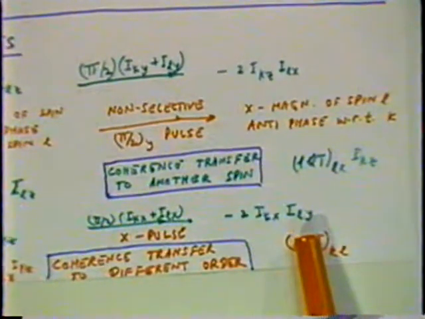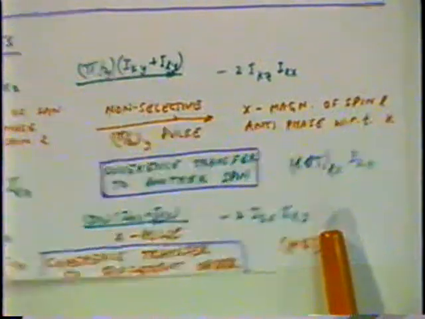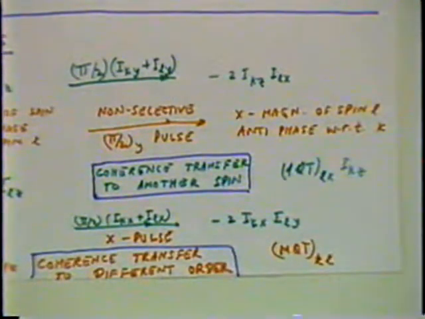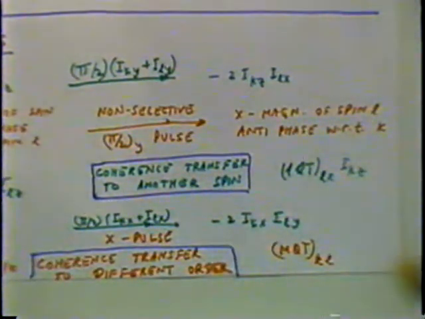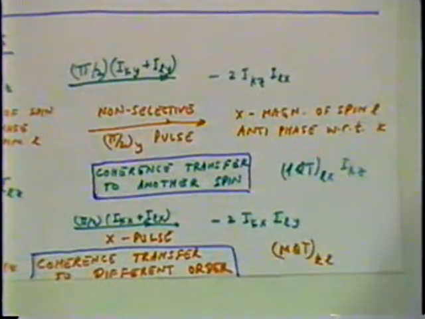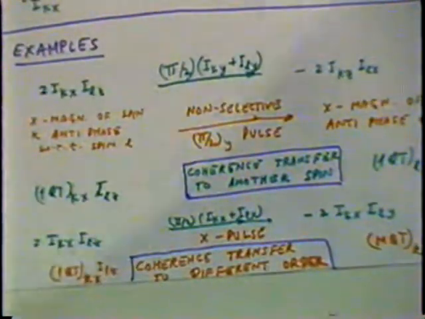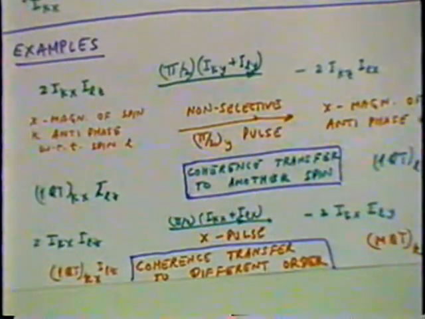So I get twice IKX ILY, and this is the 2 quantum coherence of spin K and L. It contains both 0 quantum and double quantum. So depending upon whether we apply this pulse along the x-axis or y-axis, the result is dramatically different.